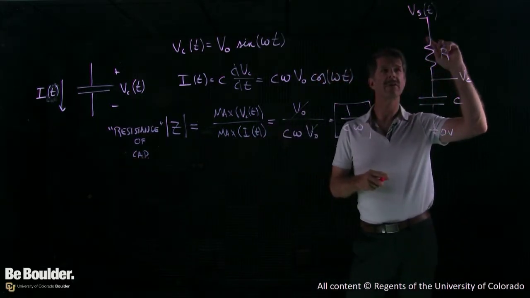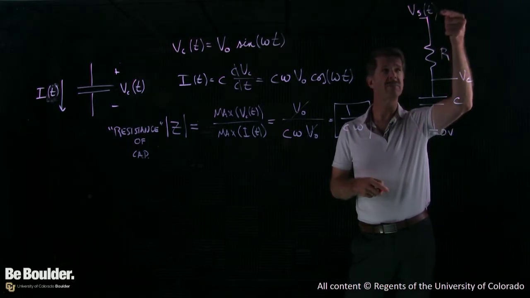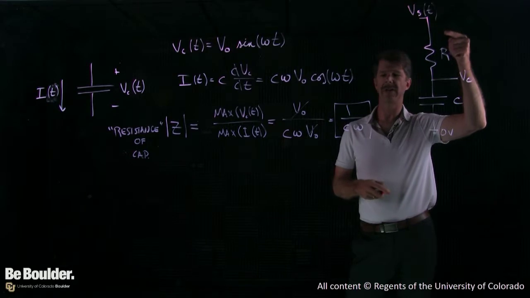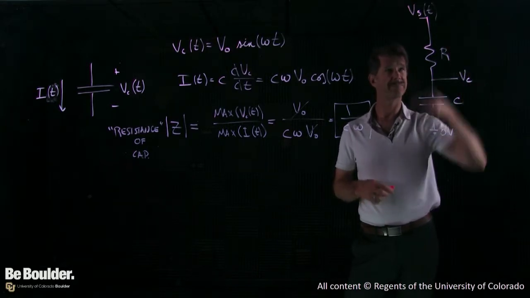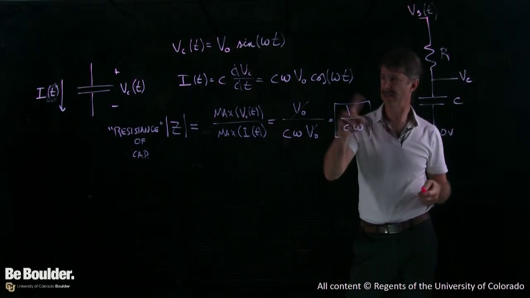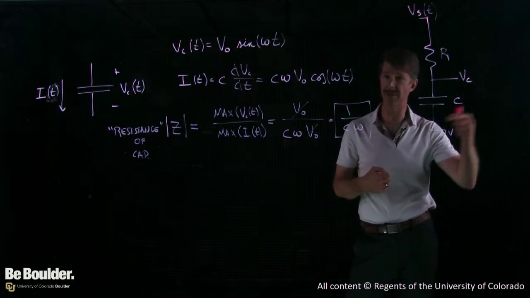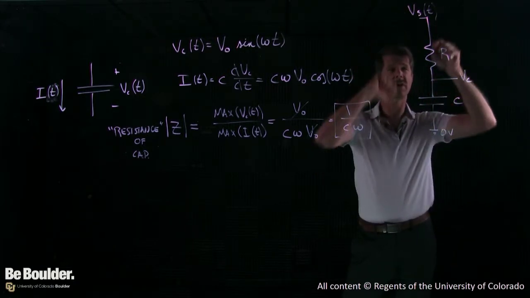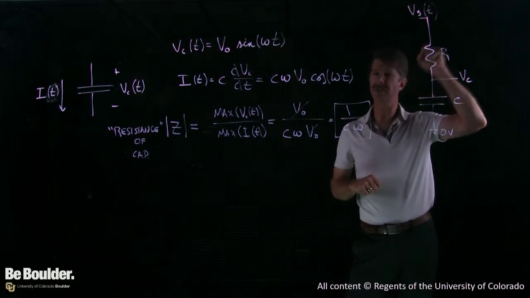If my source, which could be some signal I want to process, is varying quite slowly, and by slowly, I mean relative to the RC time constant, then I put this source on. It's sort of constant for a long time.